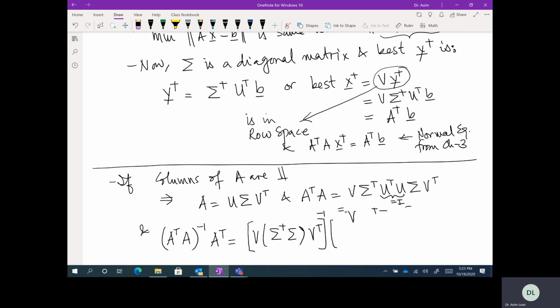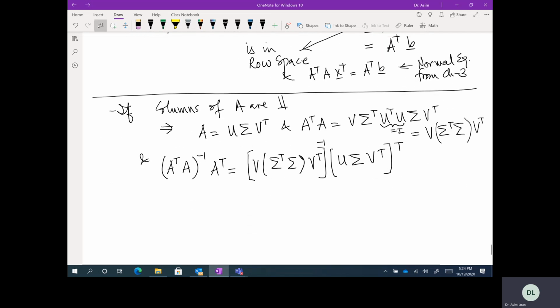Maybe I write it not here, it's going to interfere with my thing. This is, by the way, equal to V sigma transpose sigma V transpose whole inverse into U sigma V transpose whole transpose.